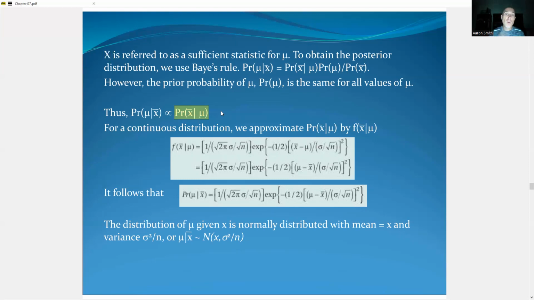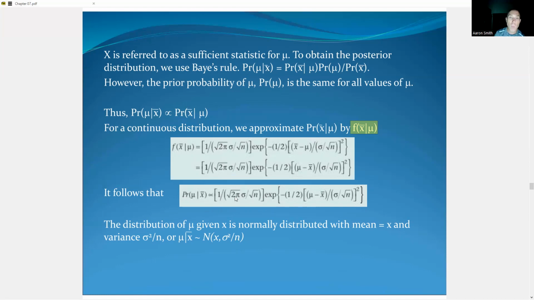For a continuous distribution, we approximate the probability of X bar given mu by f of X bar given mu. And so then, boom, we've got this aspect. I'm just taking the probability density function of X bar. And so now I'm going to take advantage of this and say that the probability of mu given X bar is proportional to this.